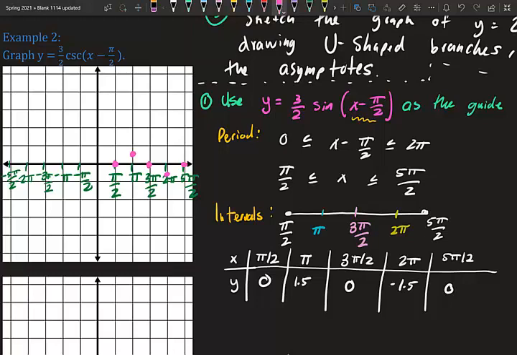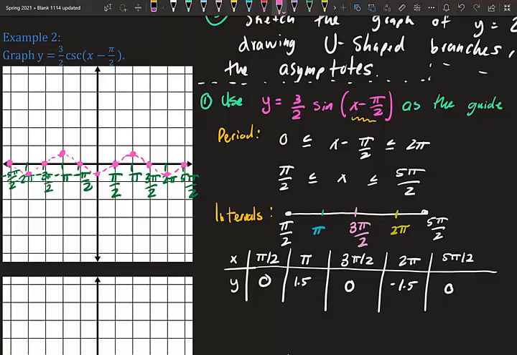And on the opposite side, we just keep following the pattern. Since it's a guideline, we always use dotted or dashed lines to connect them. Alright, so that's our sine function.